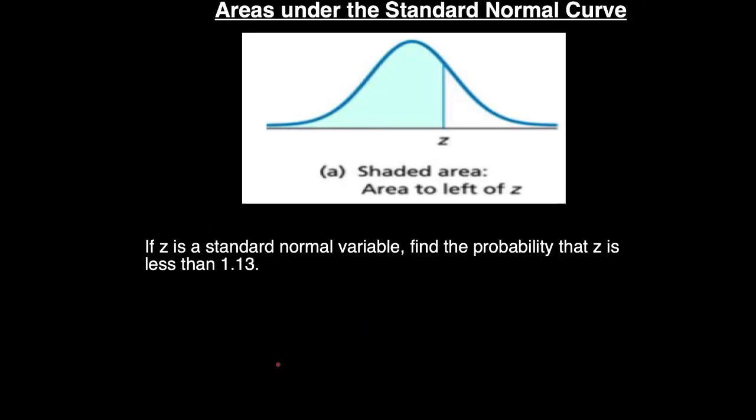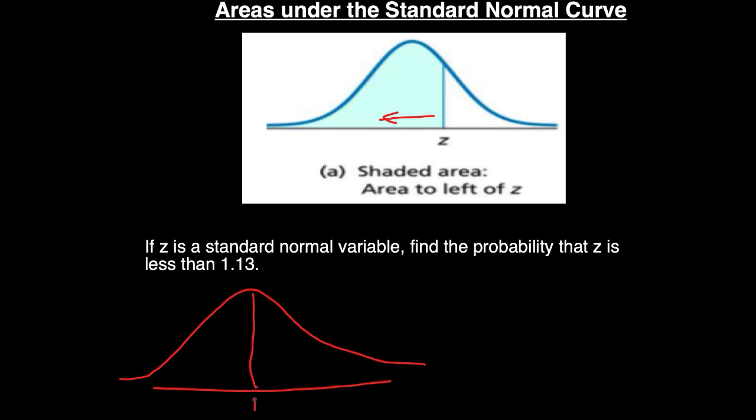Areas under the standard normal curve. First, let me consider the area under the curve to the left of the z-value. Consider this example. If z is a standard normal variable, find the probability that z is less than 1.13. So this is a standard normal probability.